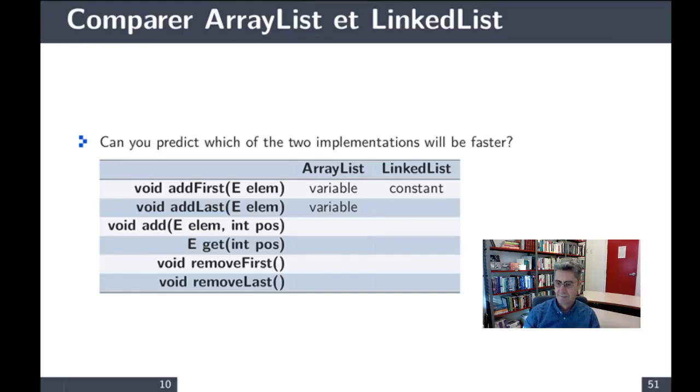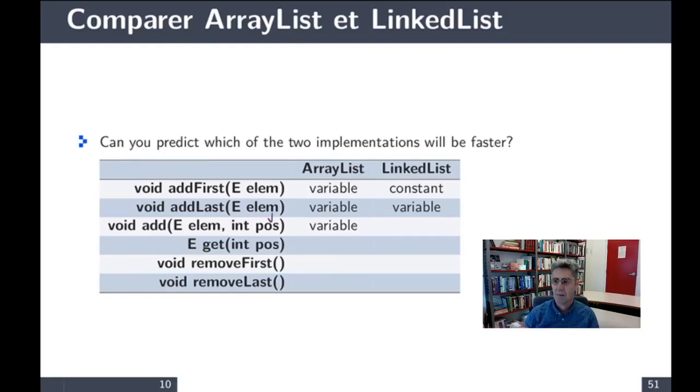Add last. We looked at the method add last together for the linked implementation. We need to traverse the list, therefore the time will be variable. Add for the array-based implementation, it's variable because we have to move all the elements from the insertion point to the end.